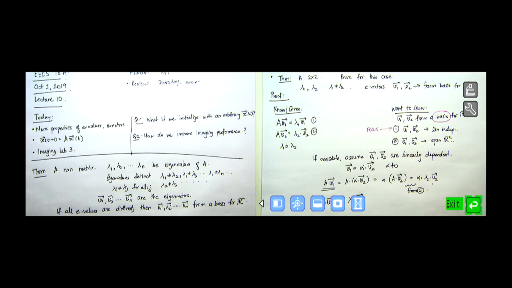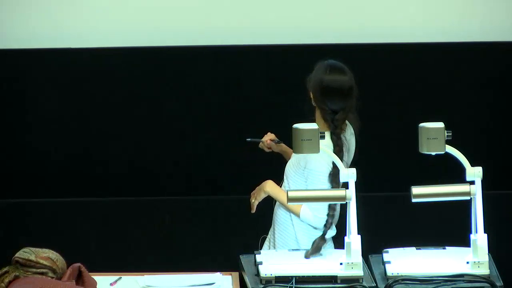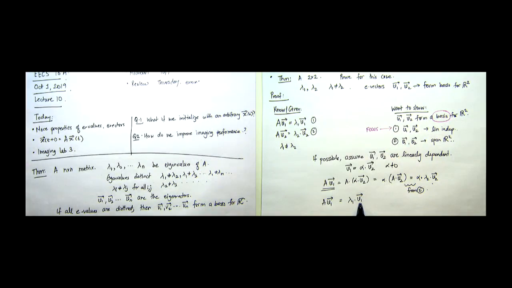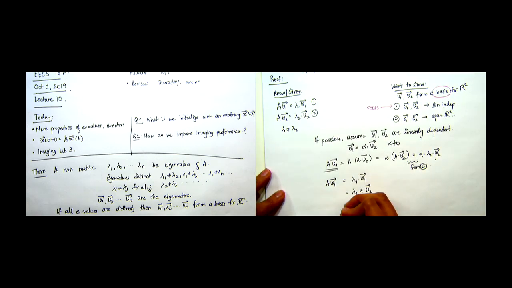But is there something else that we do know? What did we assume about V1? We have this, so we can rewrite this as lambda 1 alpha V2. And now what do we have? Now we have lambda 1 alpha V2 is equal to lambda 2 alpha V2.